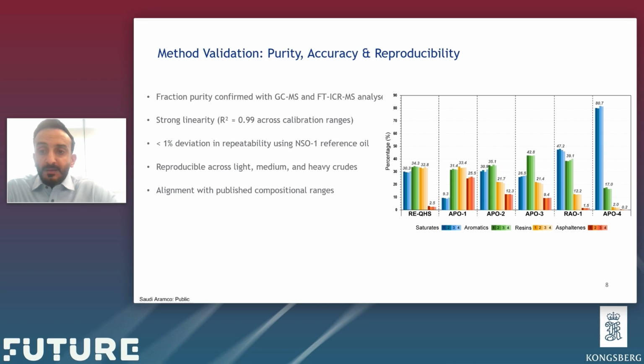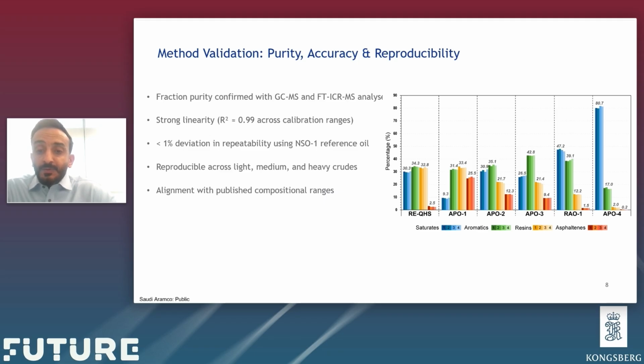In blue is the saturates, in green the aromatics, the resin is in yellow, and in red we have the asphaltenes. What we're trying to convey here is the standard deviation and the variability within the 4 runs of each sample.